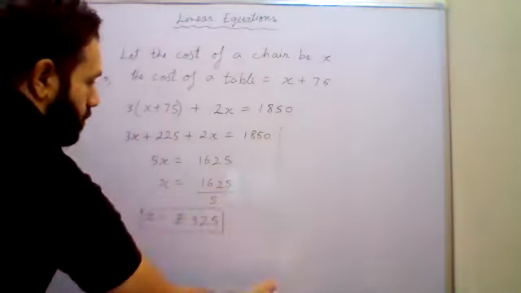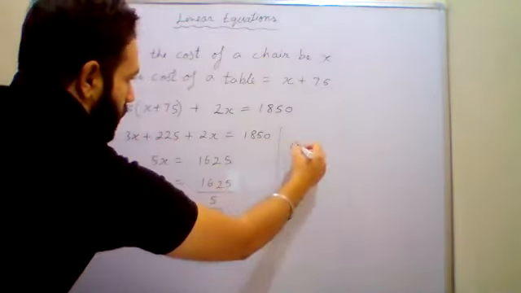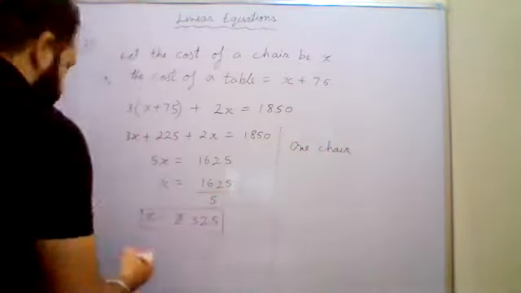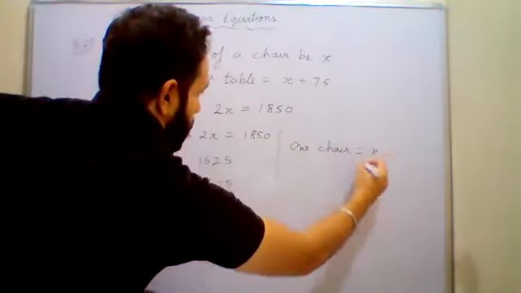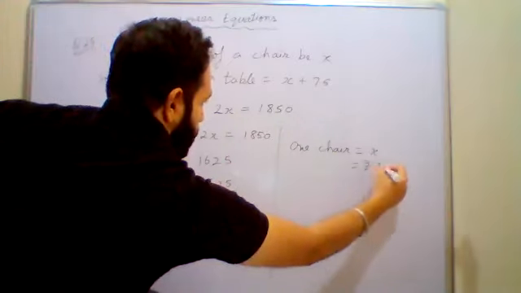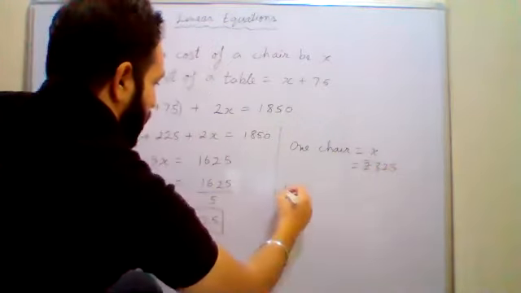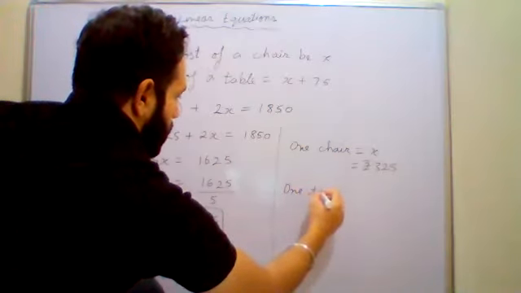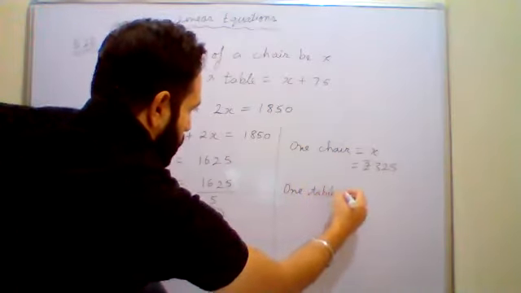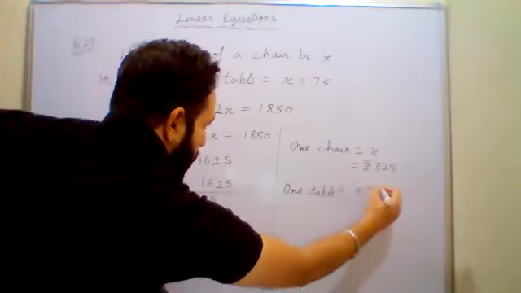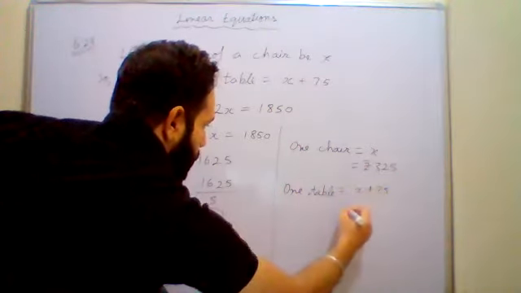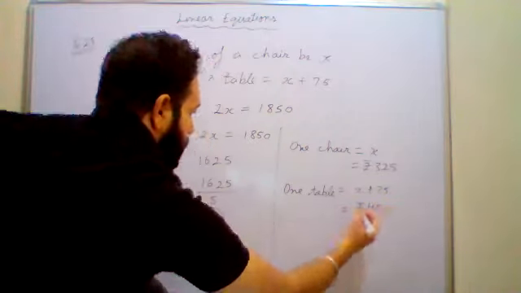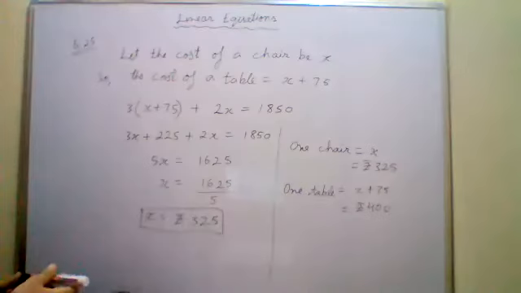So one chair, how much is the cost? Equal to X, that means rupees 325, and one table is X plus 75. So this will be equal to rupees 400. So these are the costs.